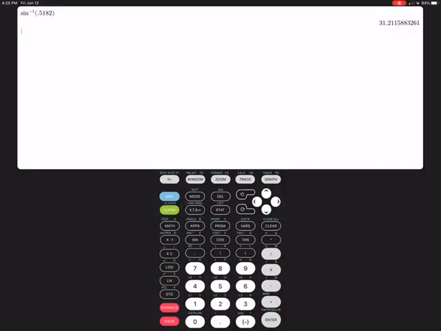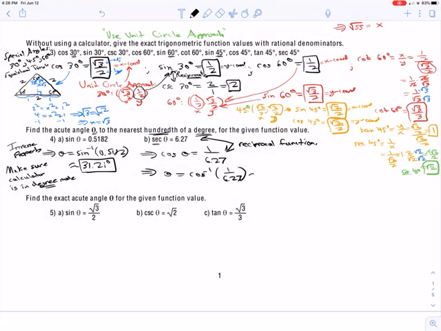So we got second cosine, second button and cosine, and then 1 over 6.27. And hit enter, and I get 80.82 if we round to the nearest hundredth. So approximately 80.82 degrees would be that angle measure.